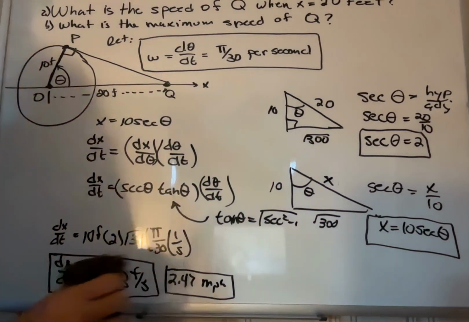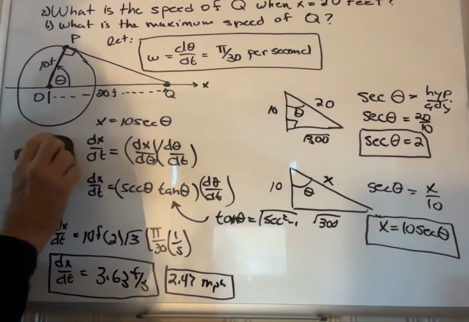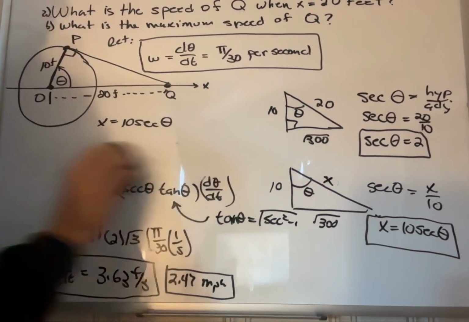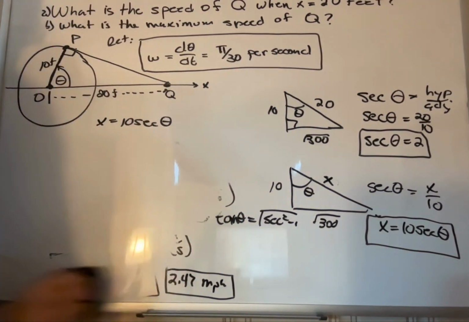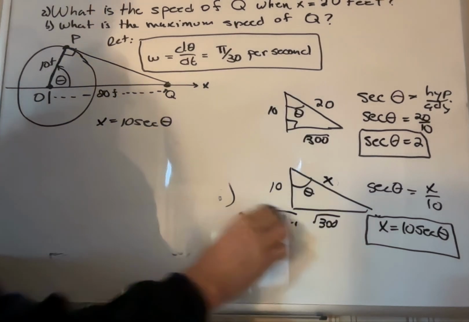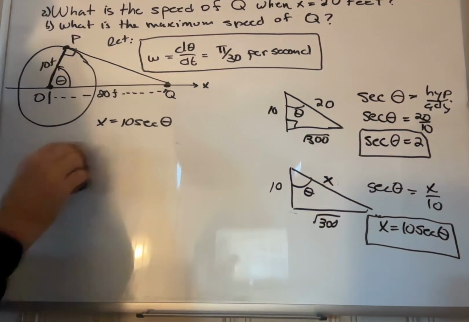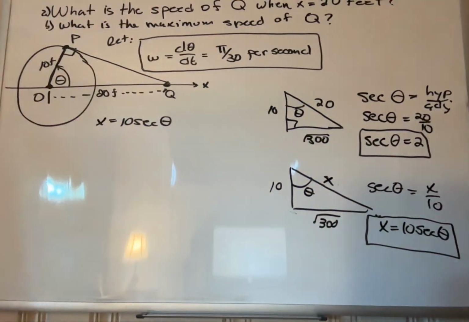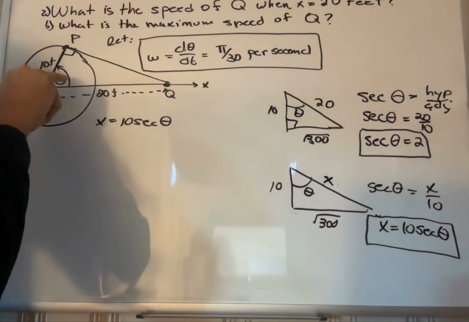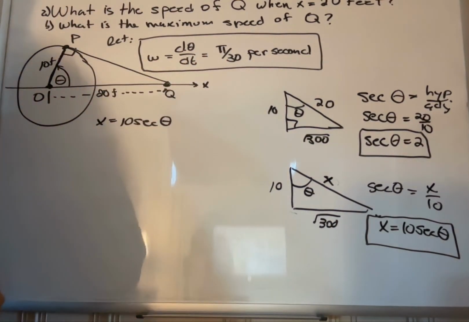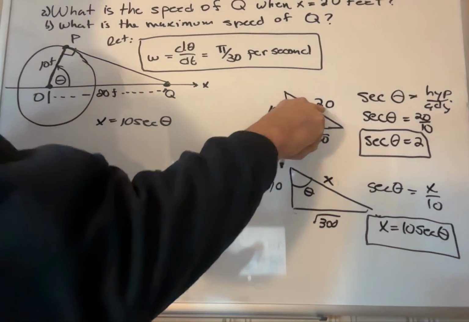All right, so what's the maximum speed? So we found out our speed, but what's the maximum speed going to come out to be? The maximum speed is when x is all the way out to this point. So that's going to end up being when x is at its maximum.